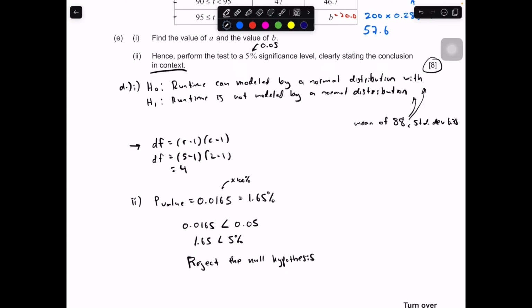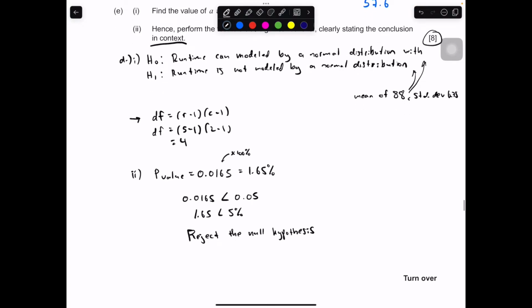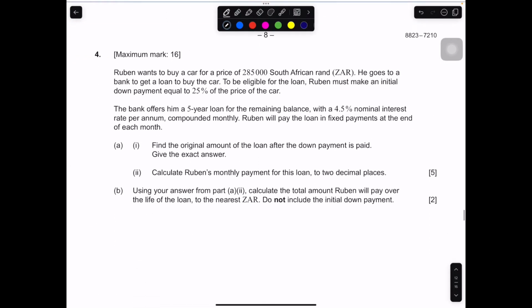Reject the null hypothesis, and in context we could say that runtime does not follow a normal distribution with a mean of 88 minutes and a standard deviation of 6.75. Okay, not bad.